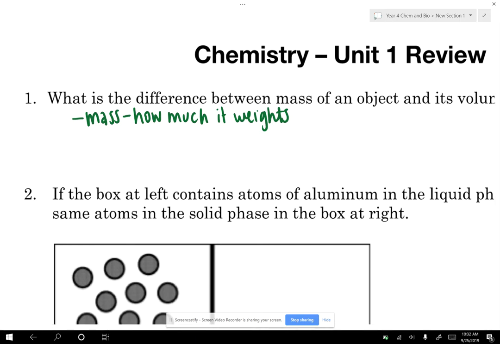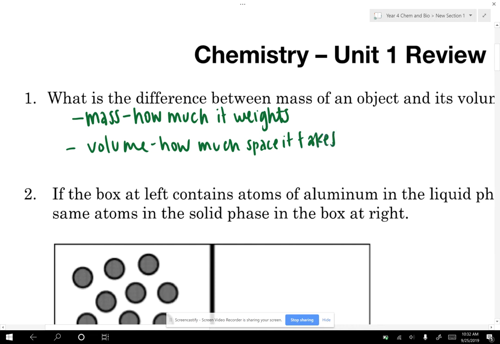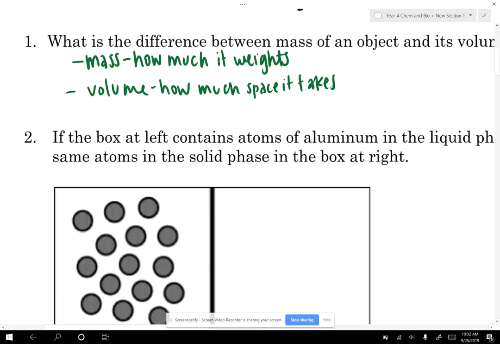And volume is how much space it takes up. So those are the two things that you have to know.